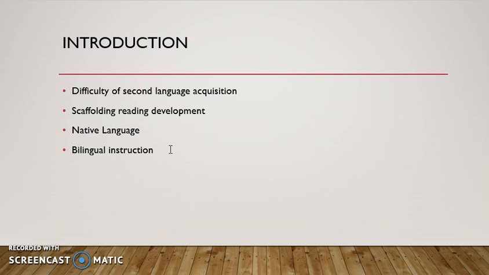Now, this is something that we need to think about when we're looking at our English language learners as well. Native language is something that the students already know. It's something that they already have, something they already can experience. It is the biggest thing you can use to scaffold their reading development.